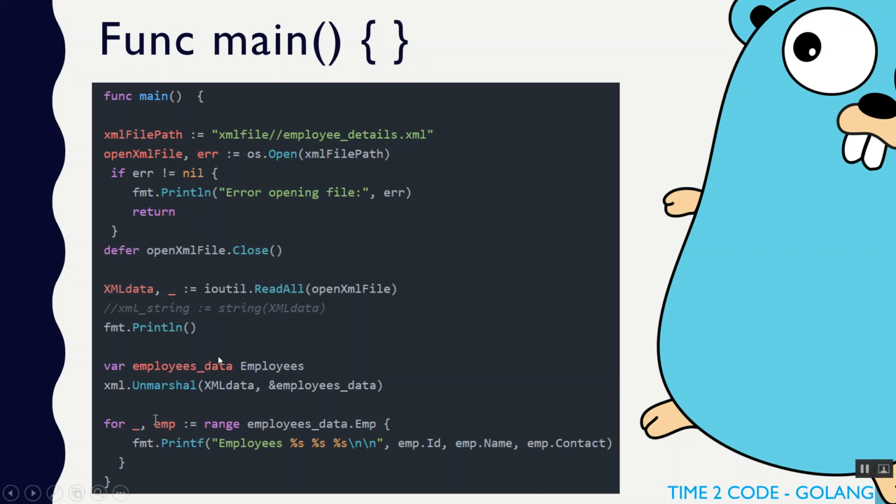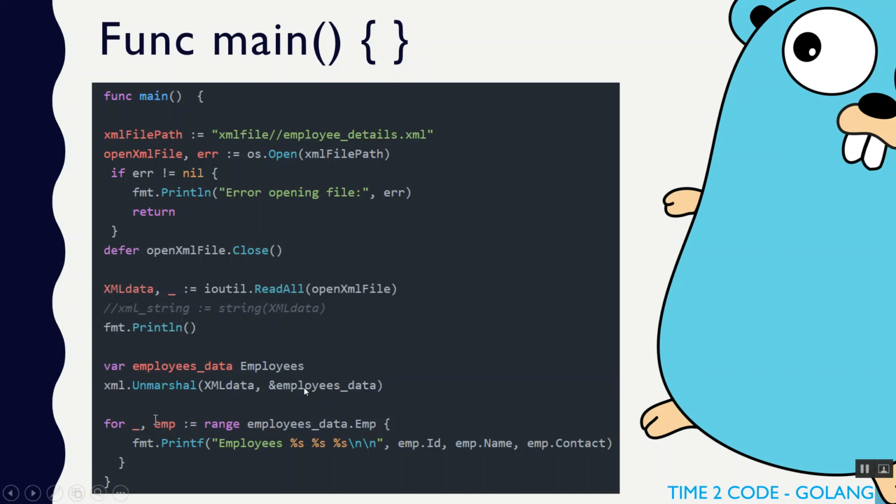Then I'm just printing one line, and then I have defined employees_data as a variable which refers to the employees type, which is defined above as a type struct. And then I'm going to unmarshal the XML data into my defined type so that I can read each and every element and each and every value from their defined fields.